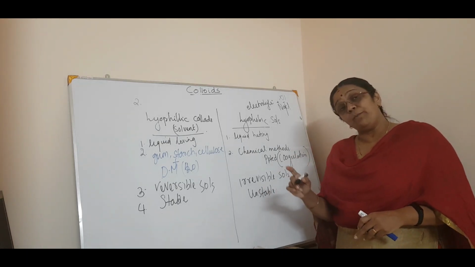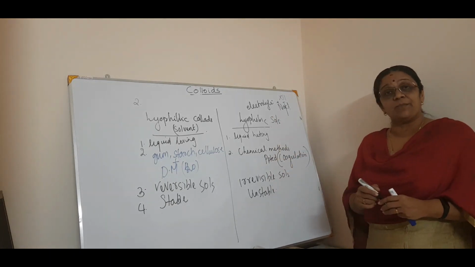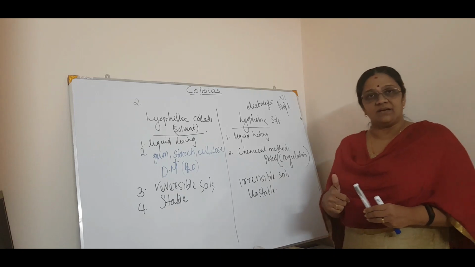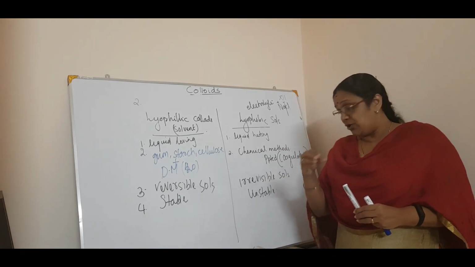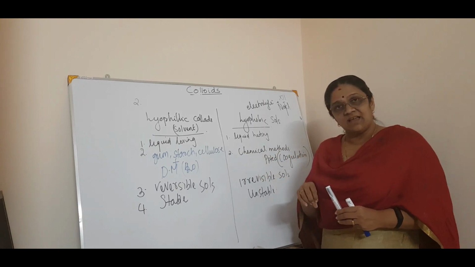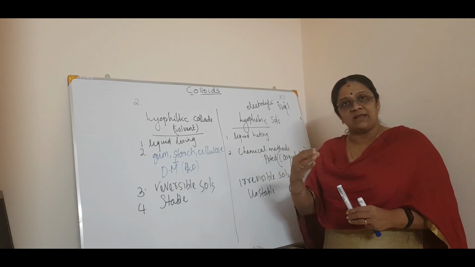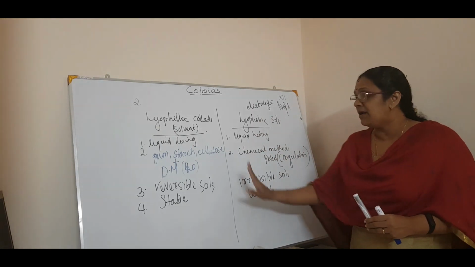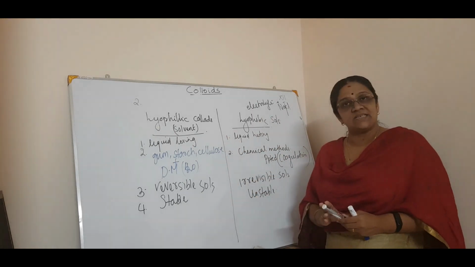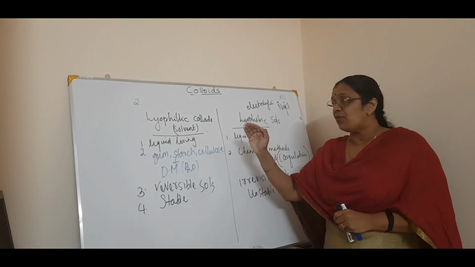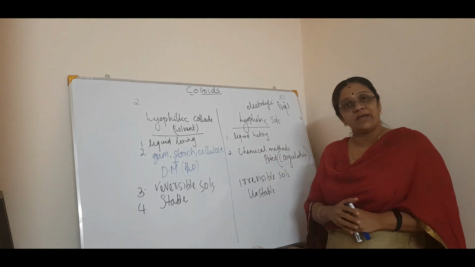In order to have a stable form, you have to put some stabilizing agents like some electrolytes. Then it will be stable. But naturally it is unstable, and lyophilic colloids are stable. So these are the characteristics of lyophilic sols and lyophobic sols.